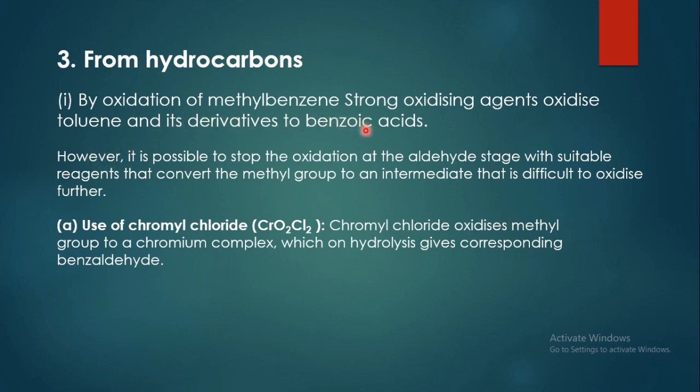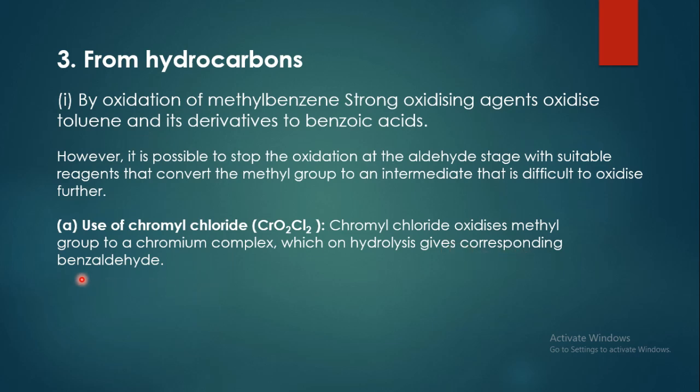But to stop at the aldehyde, this is only possible by using a particular reagent, the use of chromyl chloride, CrO2Cl2. This chromyl chloride oxidizes the methyl group to a chromium complex, which on hydrolysis gives the corresponding benzaldehyde.